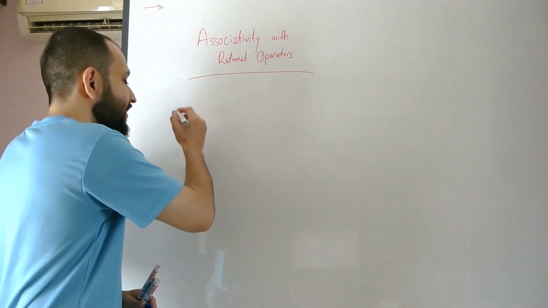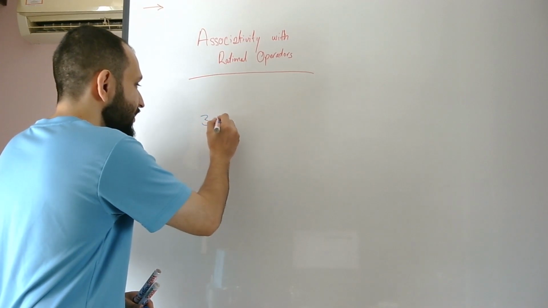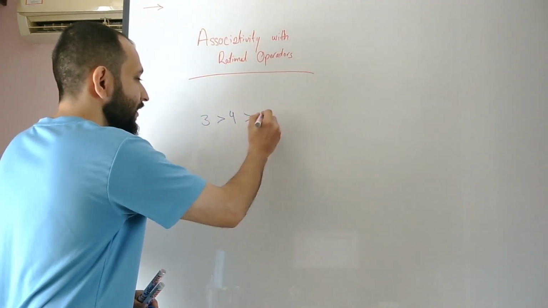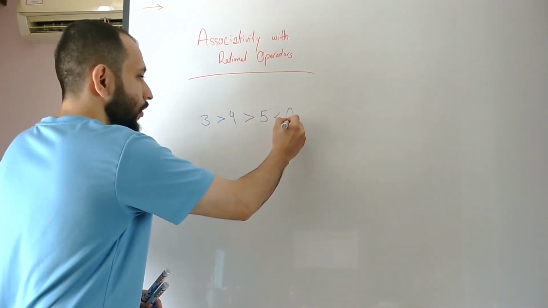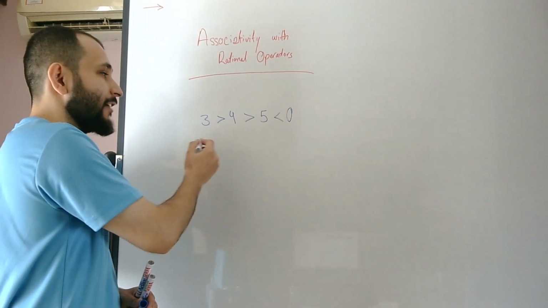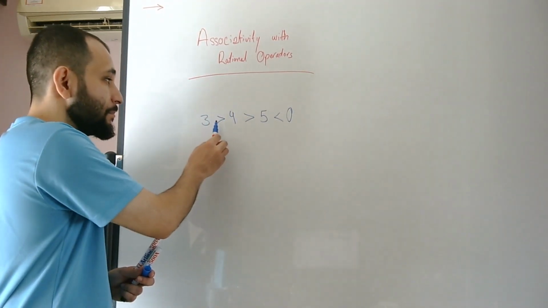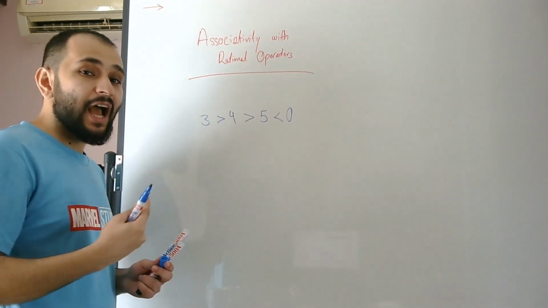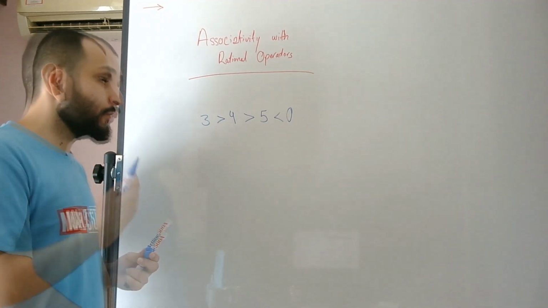Maybe I have this relational expression: 3 is greater than 4 is greater than 5 is less than 0. If we have an expression like this, with many relational operators in this statement, how would we evaluate it?